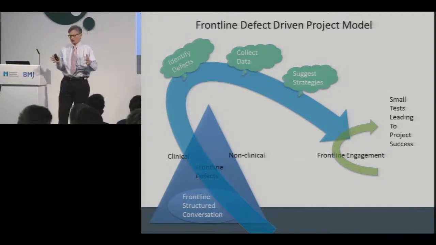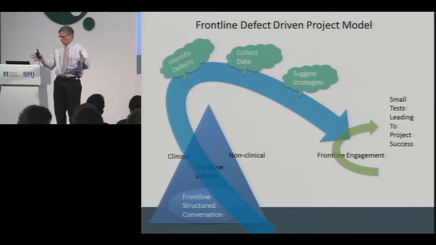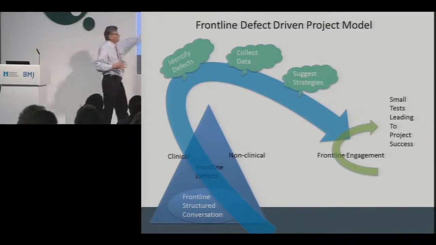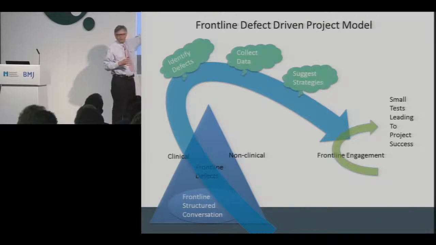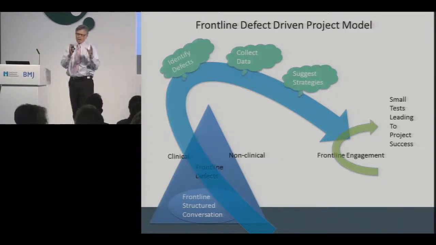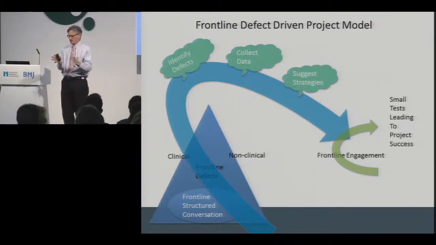The conversation has very strict rules, using certain types of questions and being very non-confrontational. These conversations surface frontline defects, both clinical and non-clinical. The average conversation takes approximately 60 to 90 minutes.